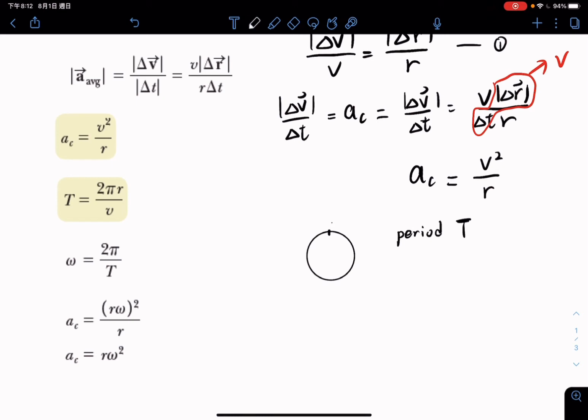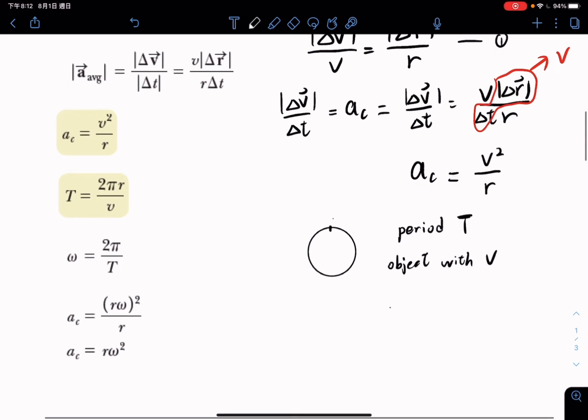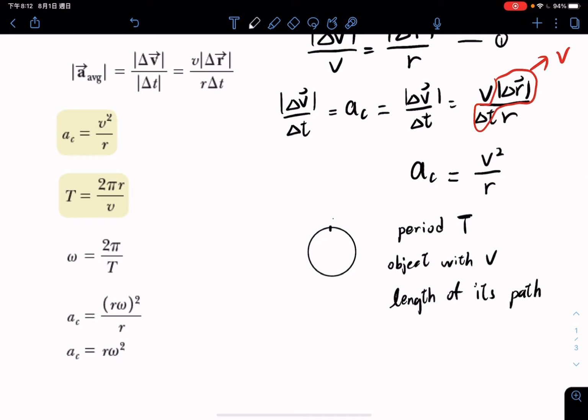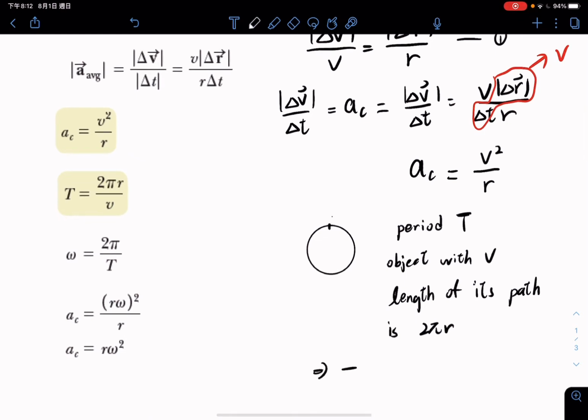As a result, the object with velocity v and the length of its path 2 pi r gives us the period equal to 2 pi r over v.